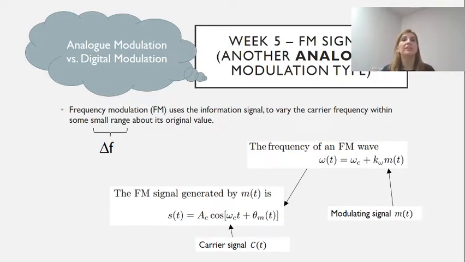Now what happens if the nature of the signal being generated is digital? I'm looking at a sensor-generated signal which is based on high and low, ones and zeros. Or for whatever reason, we have transformed that analog signal to a digital signal, which we know we have to do anyway if we want to store something.